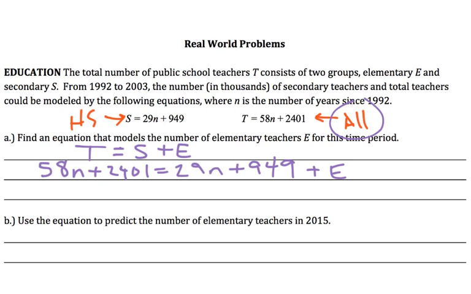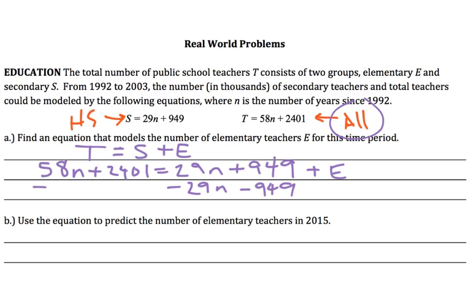Now, at the start of this, maybe you thought, I could just do the total T minus S. I think I'm making us do more work, but I also think it's helpful to see it this way. We're going to subtract to leave E by itself, and I'll show all this in one step. Here's minus 949.